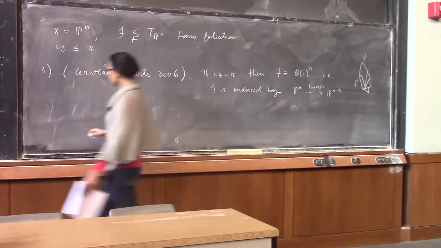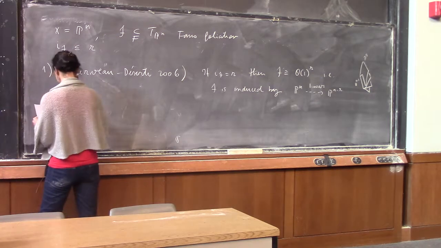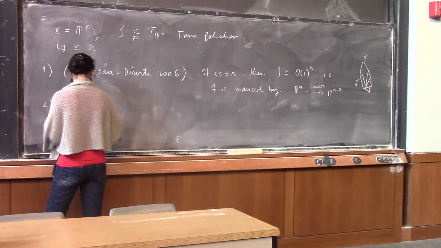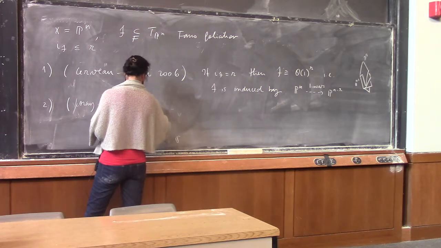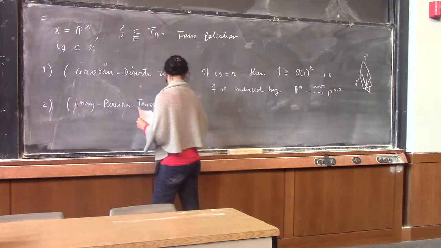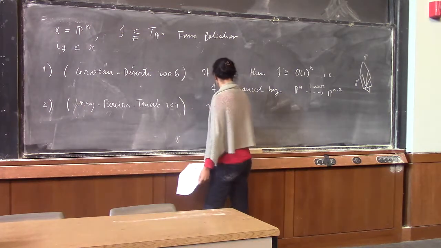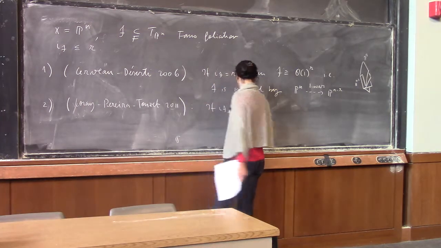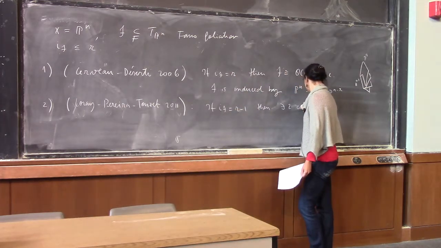Now the next case has also been classified, which is when the index is r minus 1. So this is a theorem of Loray, Pereira, Touzet, from 2011. And what they show is that if the index is the next possible value, r minus 1, then there are two cases.